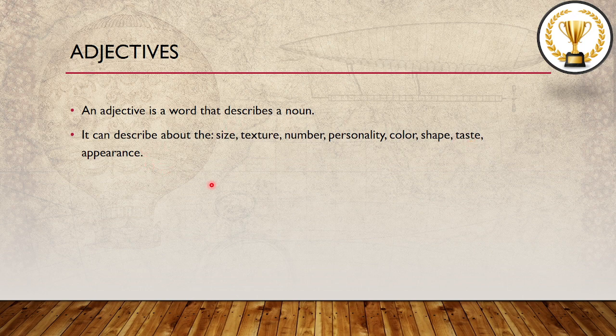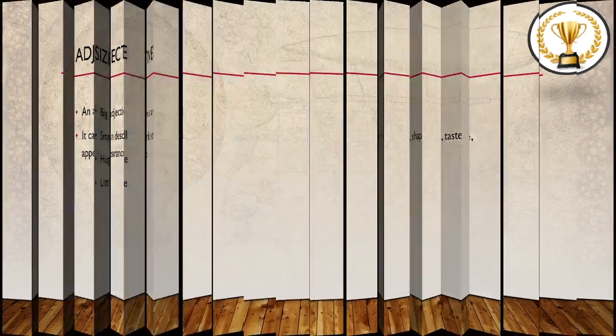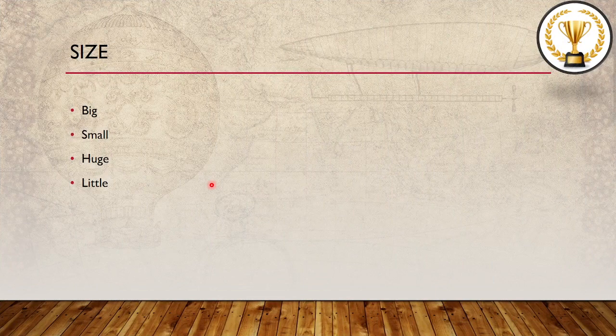So let's see what are the examples of adjectives we can use under these descriptions. Right. First one is size. So you can say big, small, huge, little. These are the adjective examples for size. As you describe a noun, you can say a big cat, a small dog. Dog is the noun, so you describe it as a small dog.